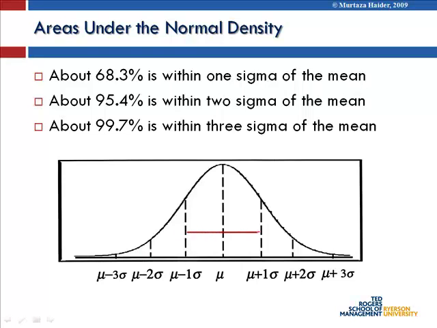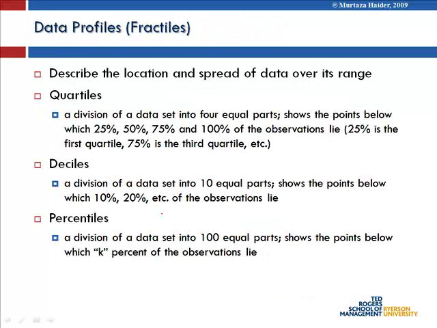The interval of mean -2 and mean +2 standard deviations would have 95% of the observations, and the mean ±3 standard deviations would have almost 99.7%.